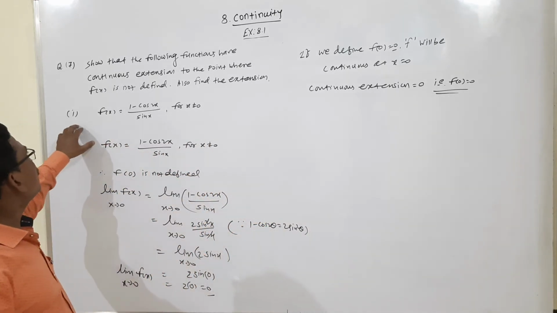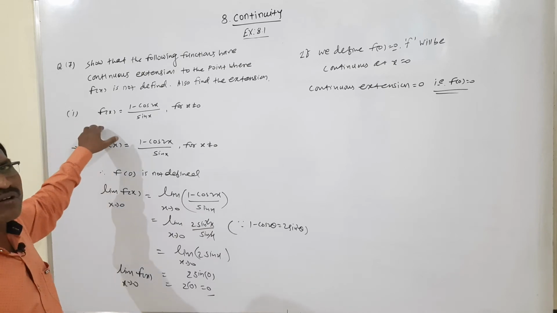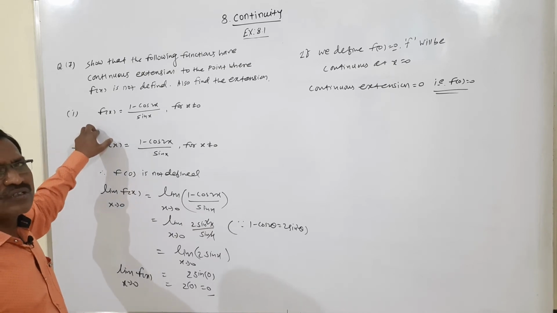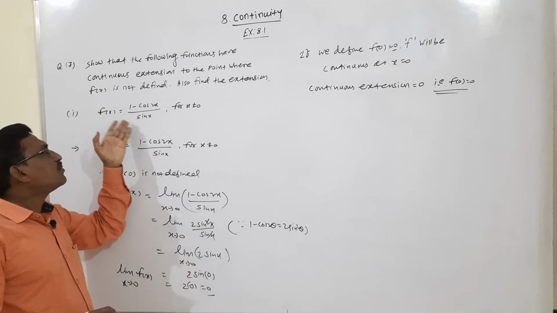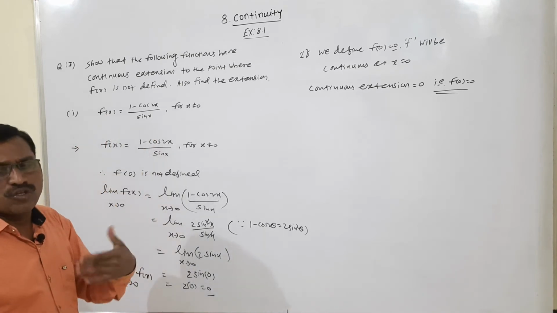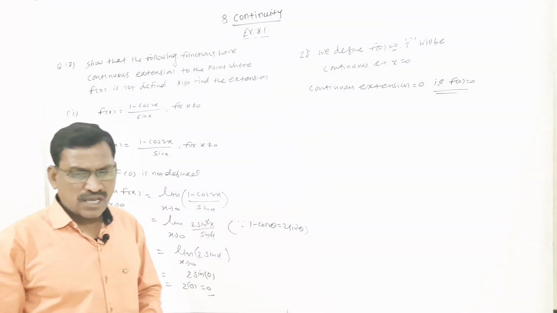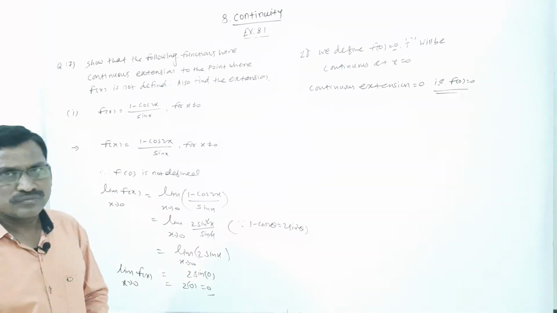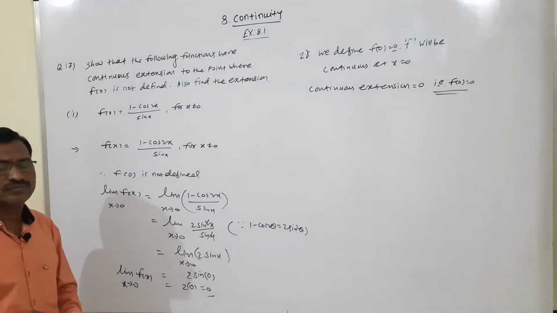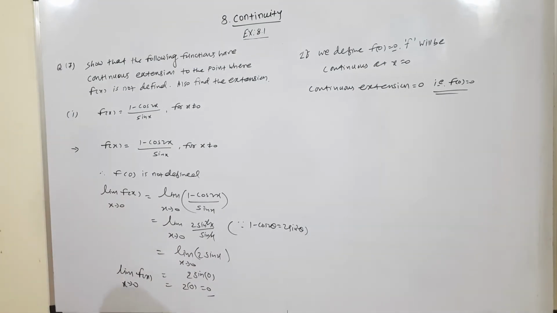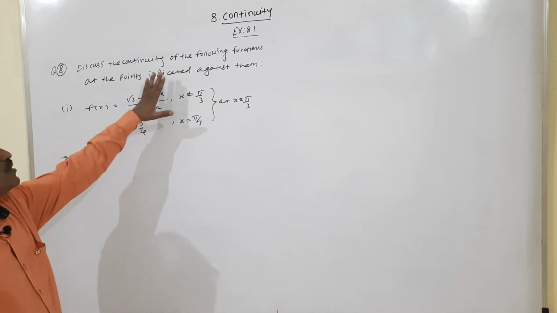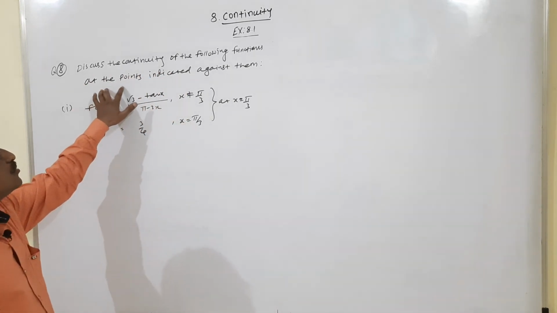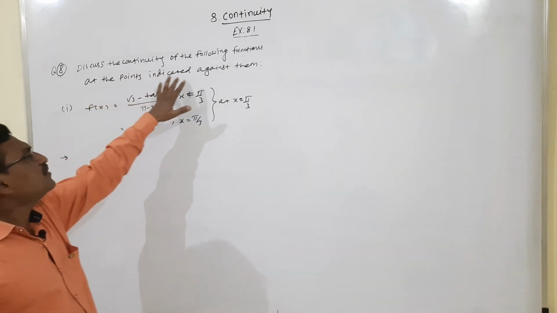The examples number second and third are the same as example number first. That's why you may try to solve them at home. Now the next question: discuss the continuity of the following functions at the points indicated against them.